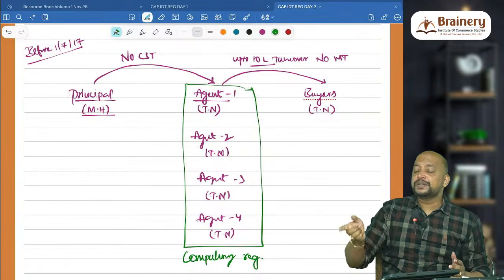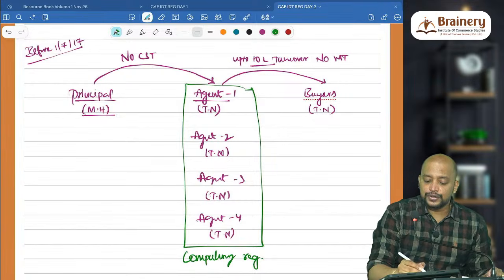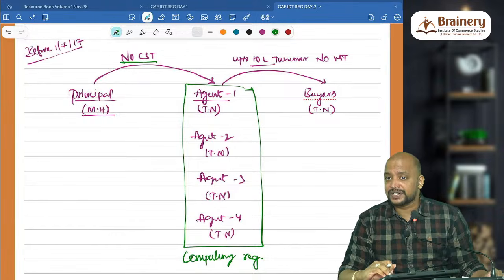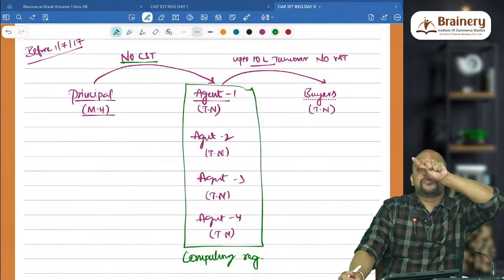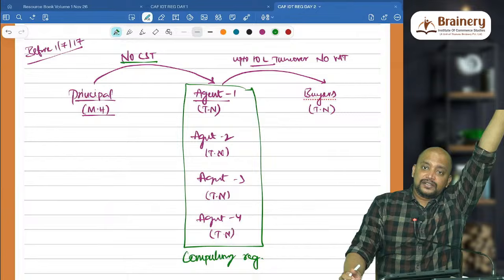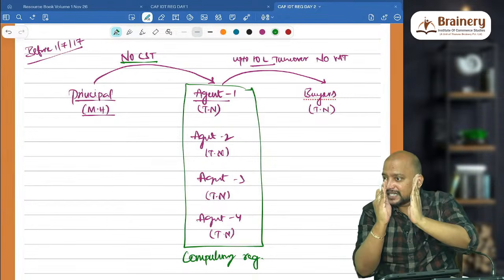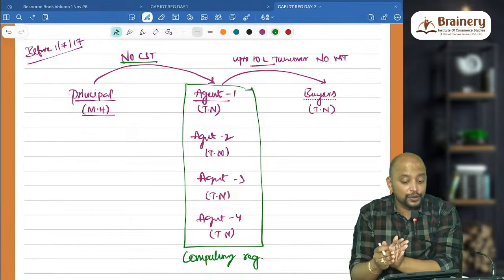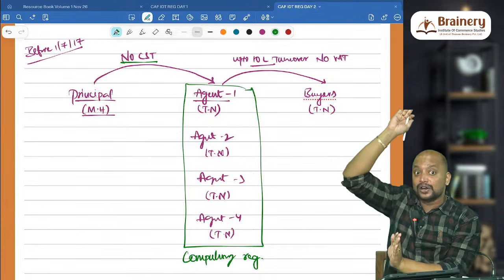Now what did the principal start doing? So no CST. Even though they are compulsorily registered, they want to track from where the goods started. See, these people are compulsorily registered, but what if they suppress the transaction? So they wanted to know from where the transaction has started, rooted back.